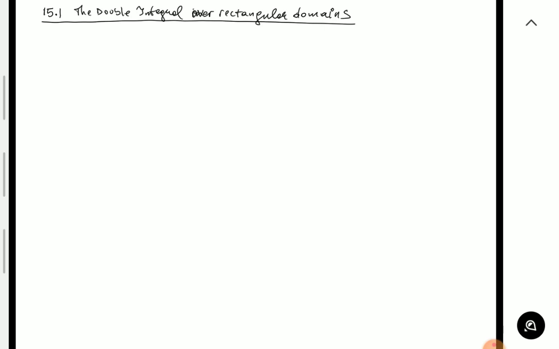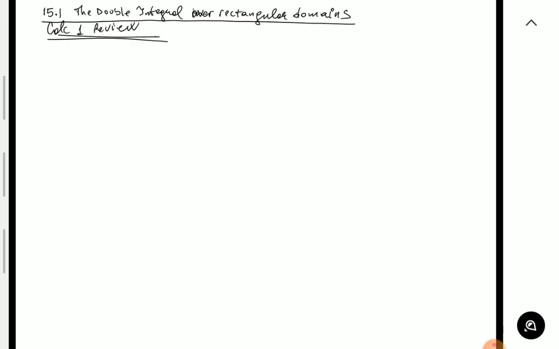Now, you can make it easier if you really understood the Riemann integral in Calculus 1 and you remember how we set it up. So let's spend some time with some Calculus 1 review before we talk about the double integral.